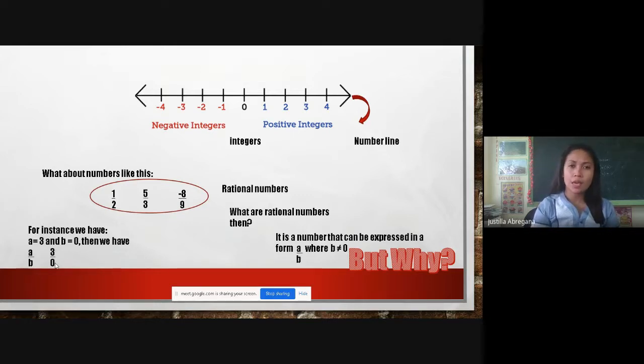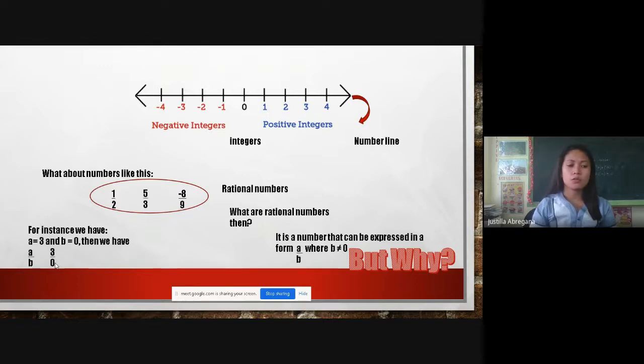What do you think is the answer when we divide 3 by 0? If you say it's 0, let's recheck: is 0 times 0 equal to 3? No, it's not equal to 3.